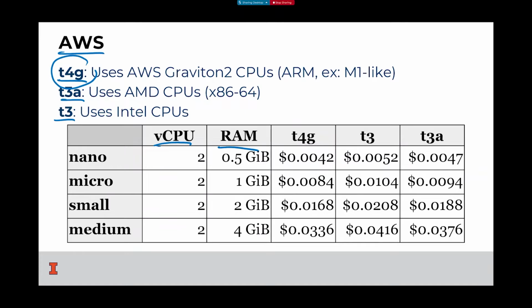So if you said, I want a system that has access to 2 cores and 2 gigs of RAM, then if you're okay being an ARM device, that's going to cost you 1.68 cents an hour. In one day, at 1.68 cents an hour, that's about 40 cents a day. So to rent a 2 gig, 2 processor machine from Amazon, it's going to cost you about 40 cents a day.